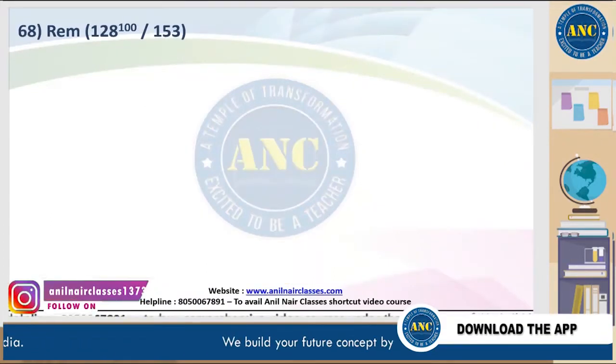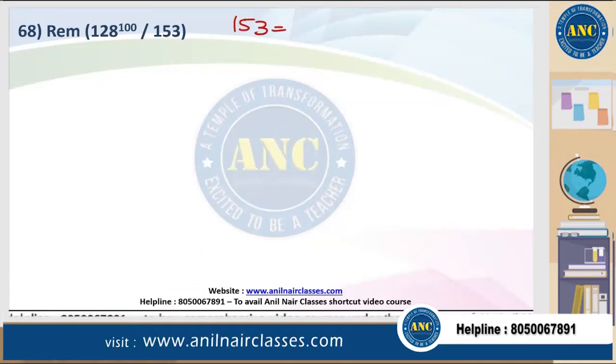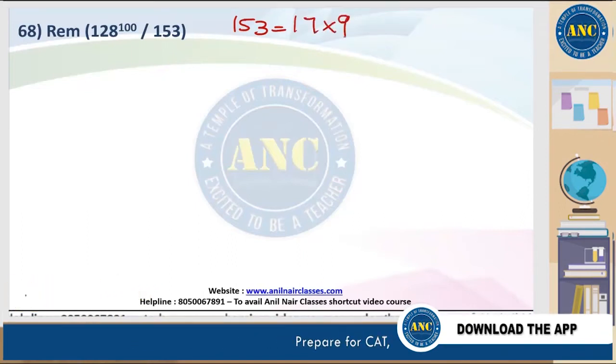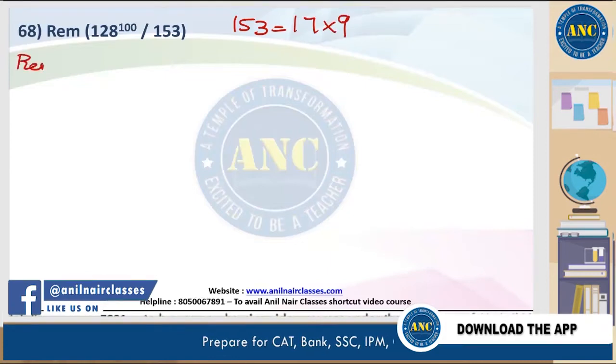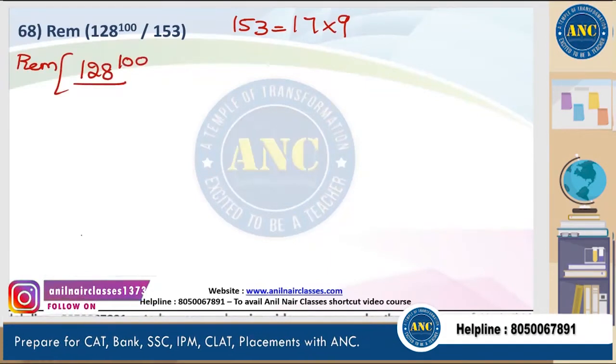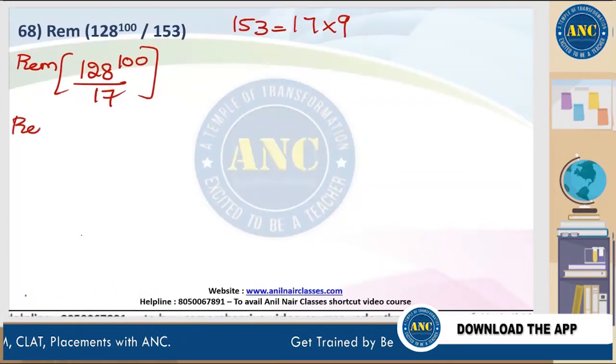68. One more. 128 power 100 divided by 153. This is nothing but 17 into 9. First, 128 power 100 divided by 17. 17 sevens are 119.